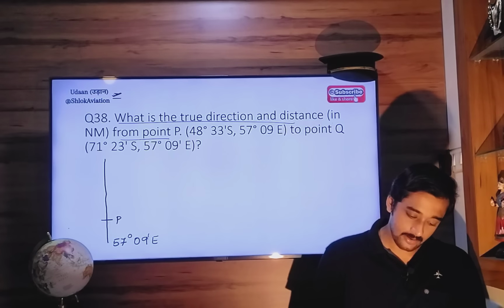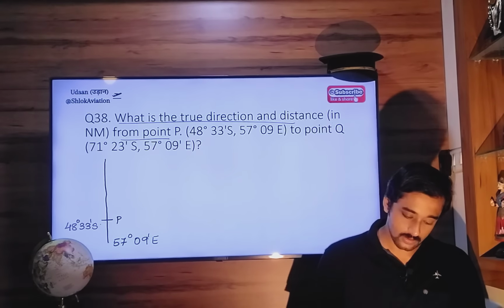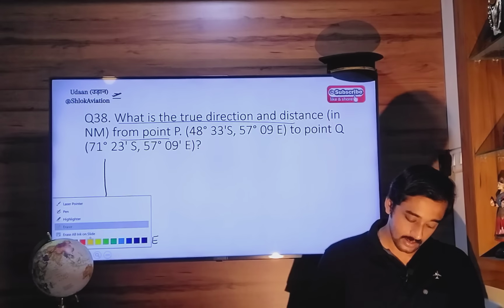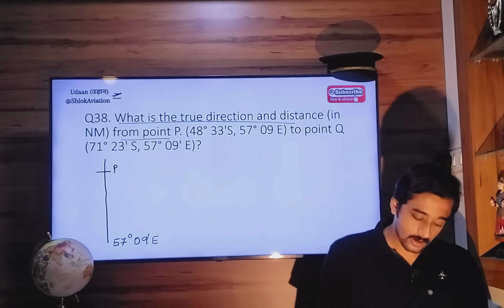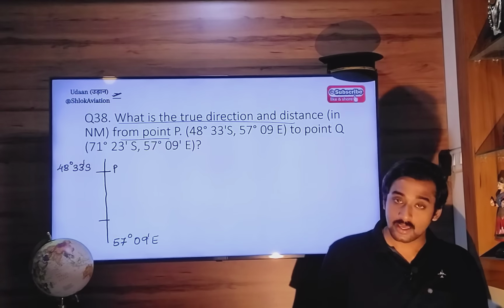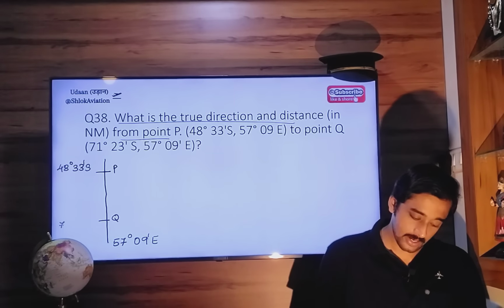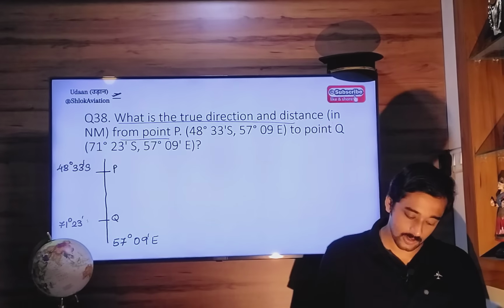Papa is here at 48 degrees 33 minutes south. Since it's the southern hemisphere, Quebec destination will be here at 71 degrees 23 minutes south.